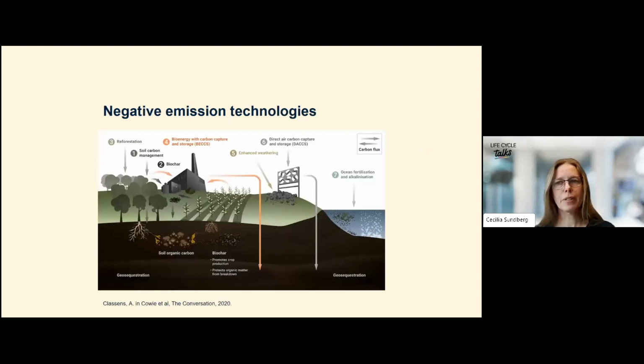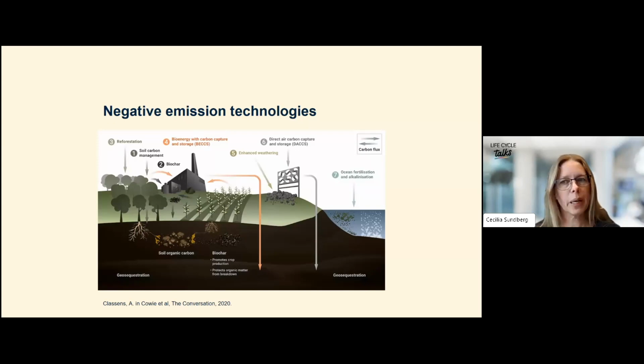There are various technologies. There's not a lot of different methods, but there's quite some variety within them. To the left here, we see trees, we see soil, so storing carbon in trees and soils.